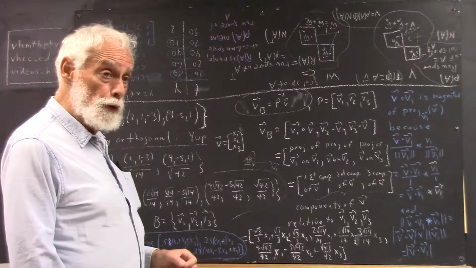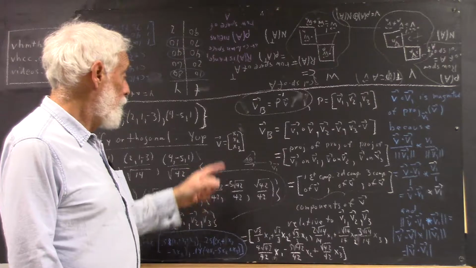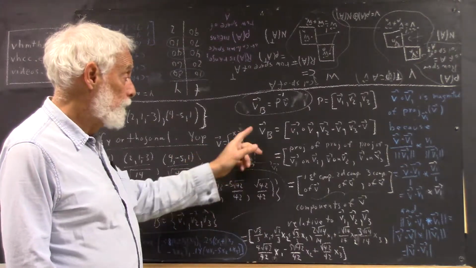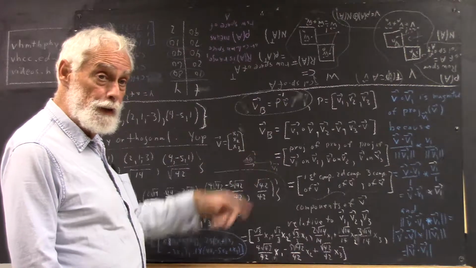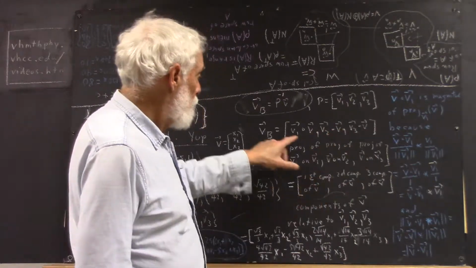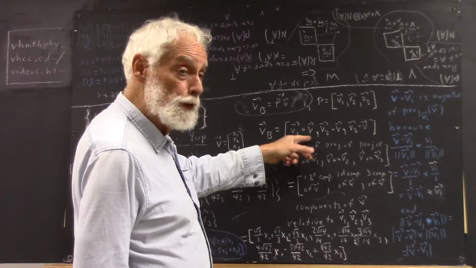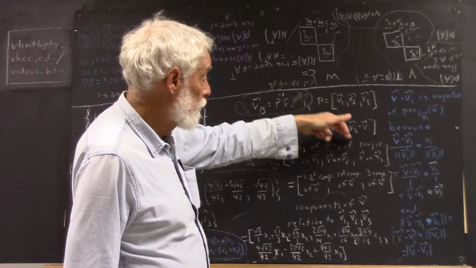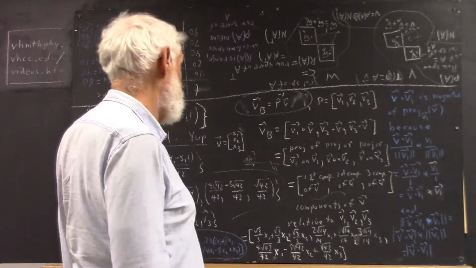If you have an orthonormal basis, then any vector relative to the standard basis is expressed relative to the orthonormal basis in this way. So here's your vector V. We do V1 dot V, that's the first component. V2 dot V is the second, V3 dot V is the third.